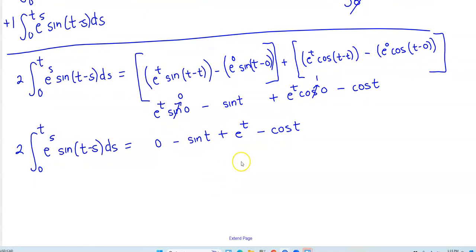Okay, and so now let's just kind of reorganize this. Well, we can divide first by 2. So we're going to divide everything by 2.